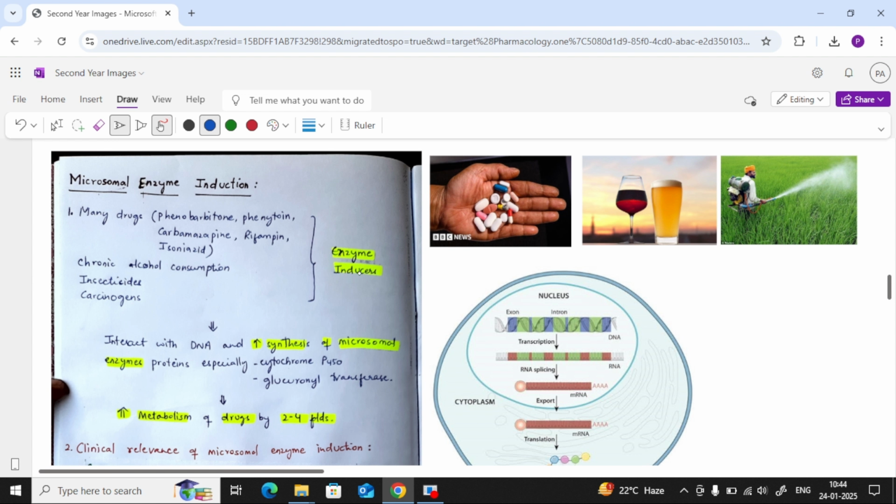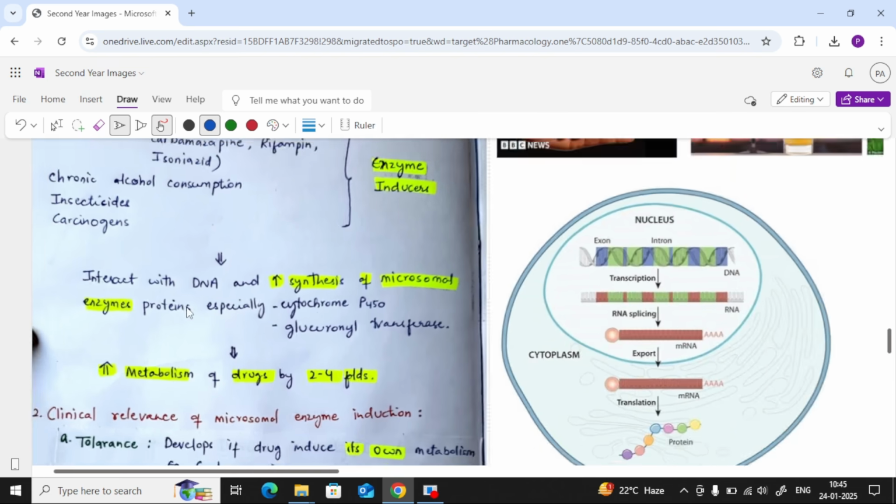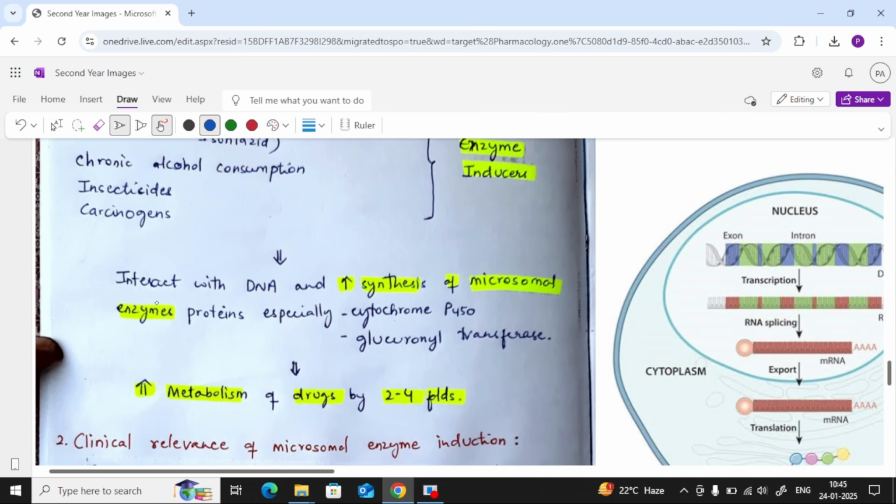These things interact with the DNA in the nucleus of the cell, and they increase the synthesis of some proteins. These proteins are nothing but microsomal enzyme proteins, especially cytochrome P450 and glucuronide transferase.